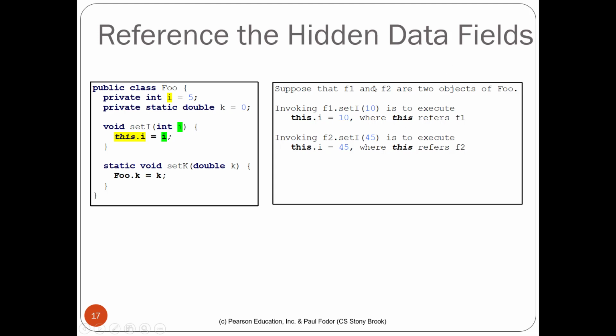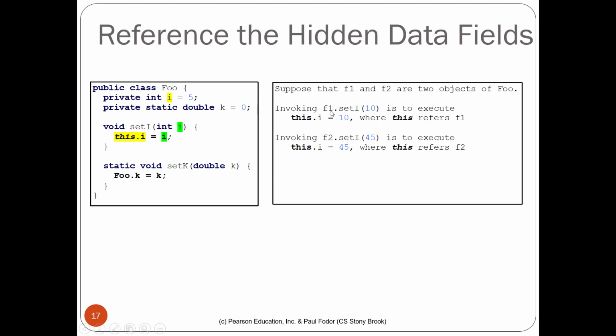Now f1 is an object, and you call set I as f1 dot set I 10. You're trying to change the value of I, which is 5, to 10.